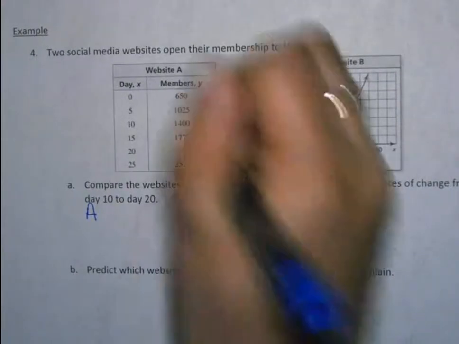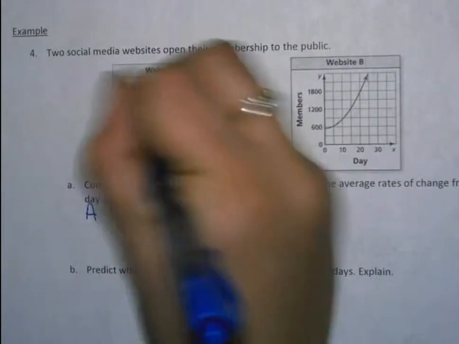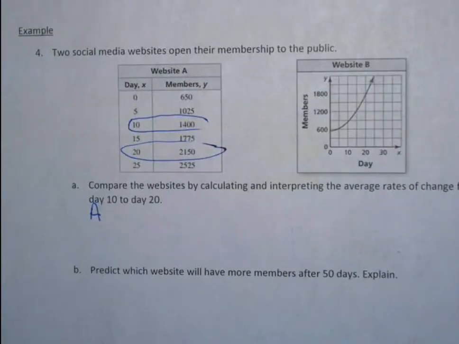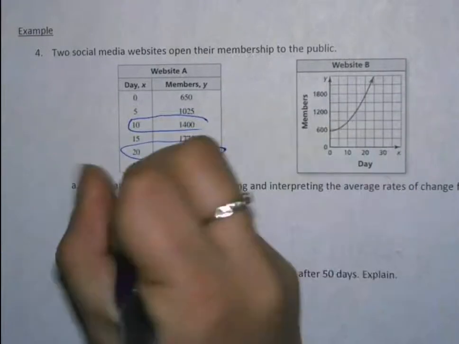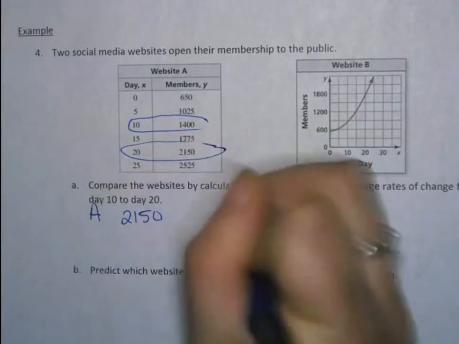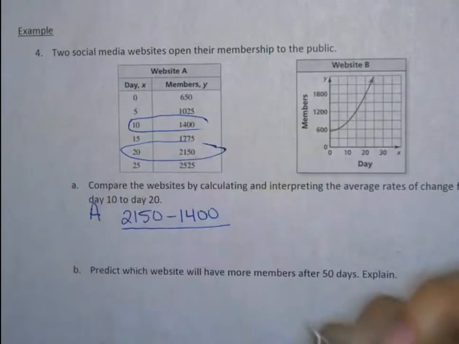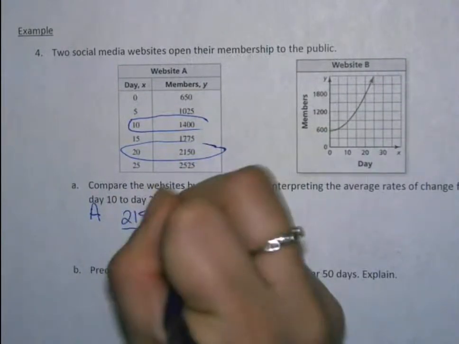So I'm looking at this day and this day, right? So what I'm going to do is I'm going to take my second y value, which is the 2150, minus the first y value, which is the 1400. And then I'm going to divide by 20 minus 10.